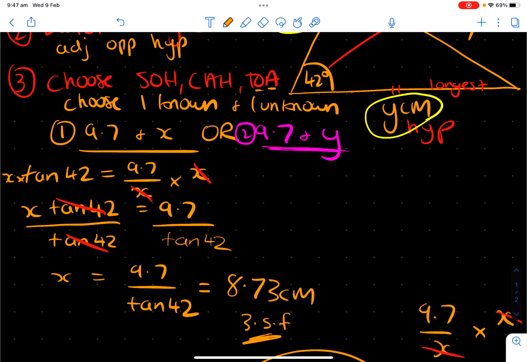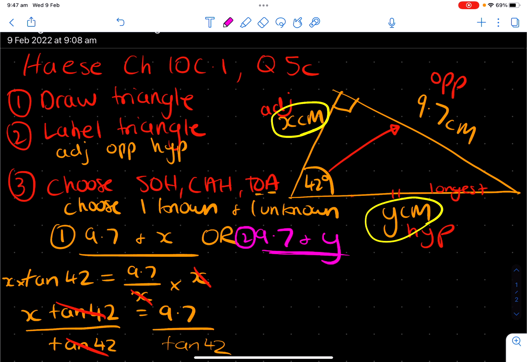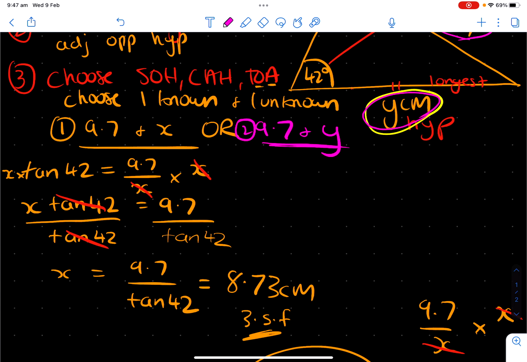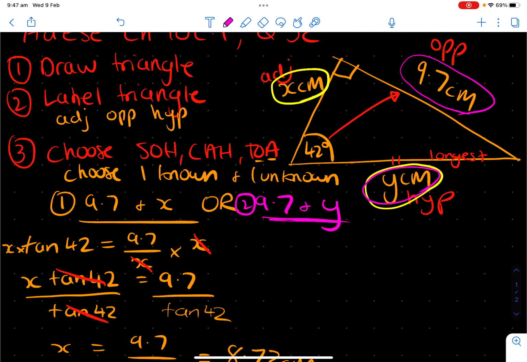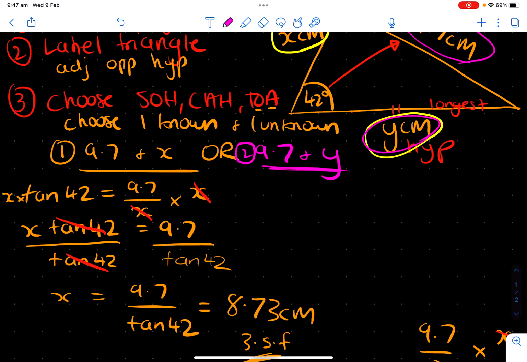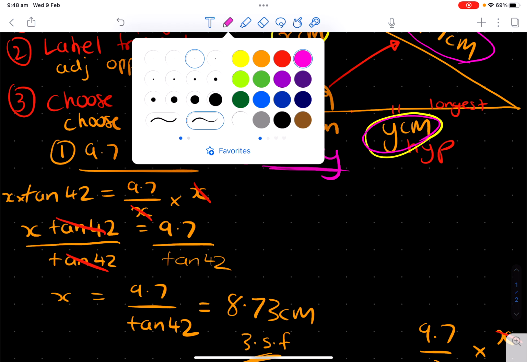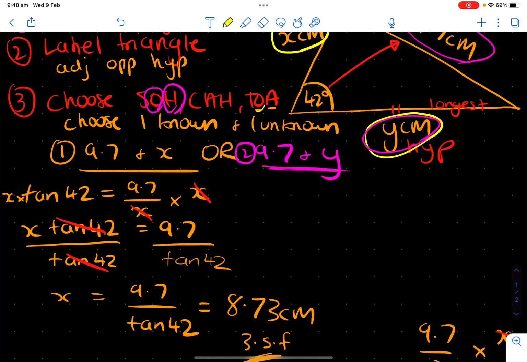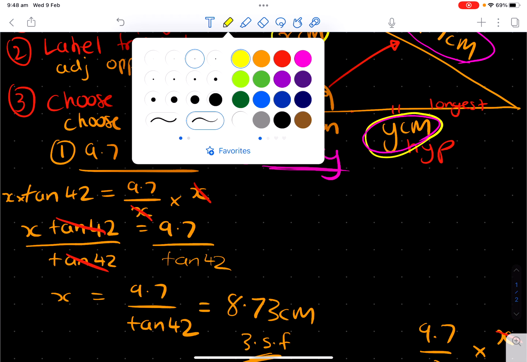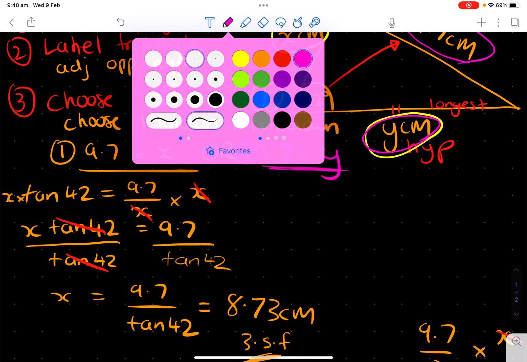Now we're going to do our other equation. So we're now going to focus on 9.7 and y. So this is our opposite and hypotenuse sides, which are our sine equation. So before we did our tan equation, now we're doing our sine equation.